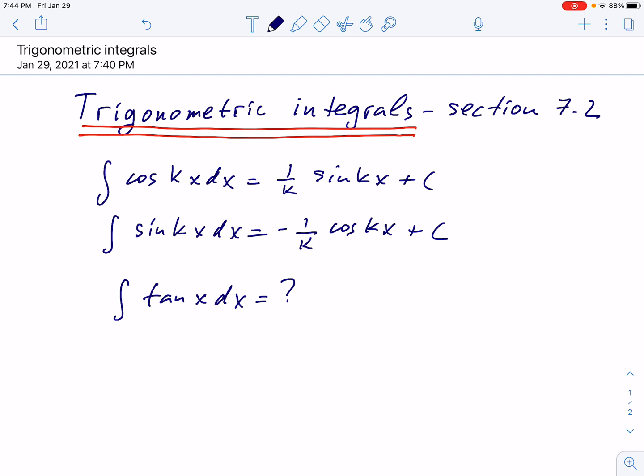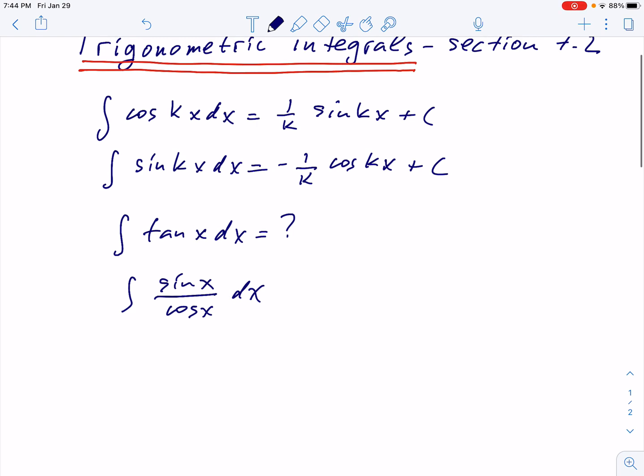When we want to integrate the tangent or the cotangent, we switch to sine and cosine. So tangent is sine over cosine. I'm writing sine x over cosine x dx. And in general, when we do trigonometric integrals, we focus on two equations.